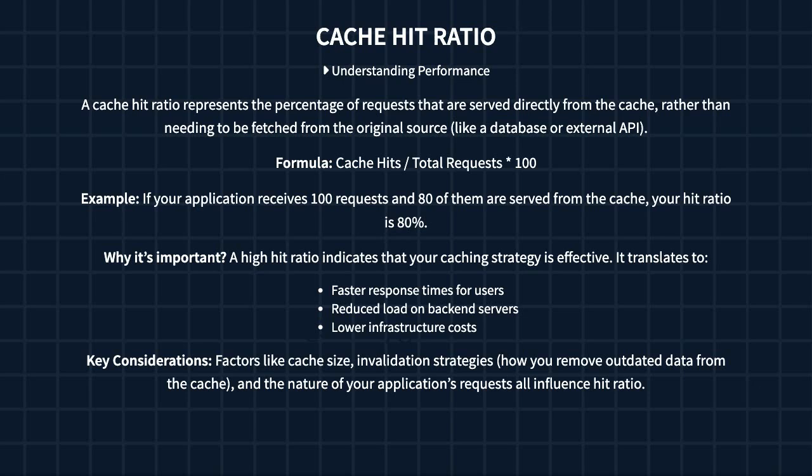For instance, if you get 100 requests and 80 of them come straight from the cache, your hit ratio is a healthy 80%. A high hit ratio means users are getting their data really quickly, reducing stress on your servers, saving money on infrastructure. It's a win-win-win. But remember that the size of your cache and how you keep it up to date play a big role in achieving those good numbers.